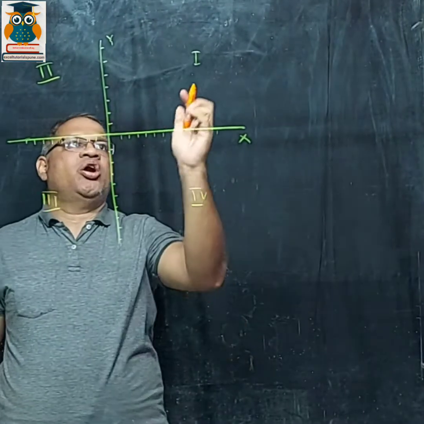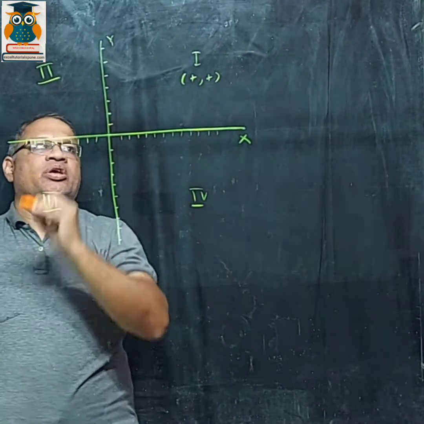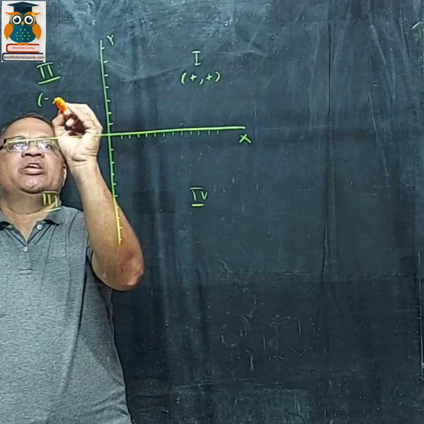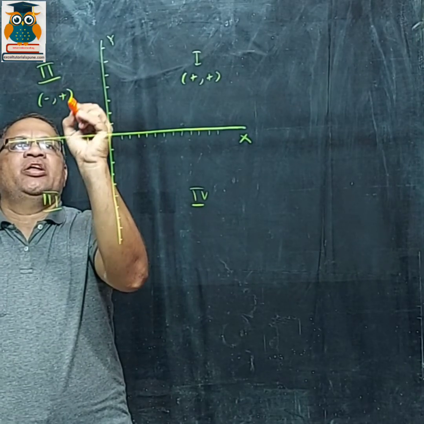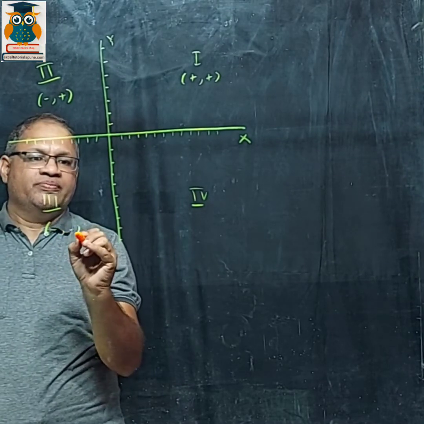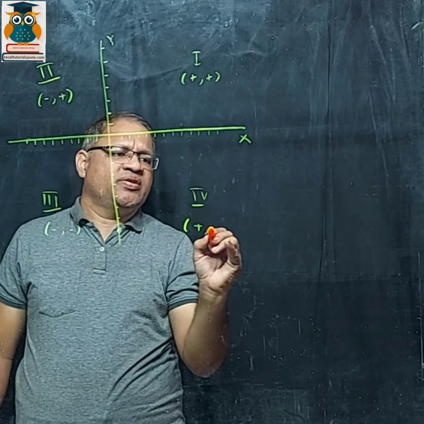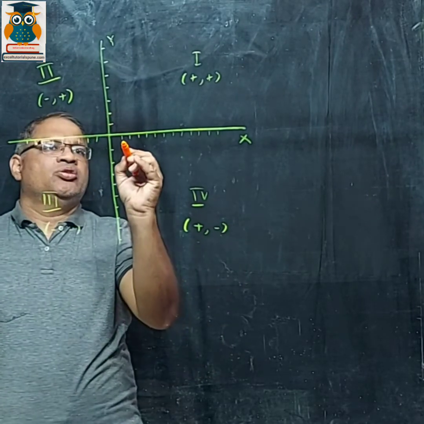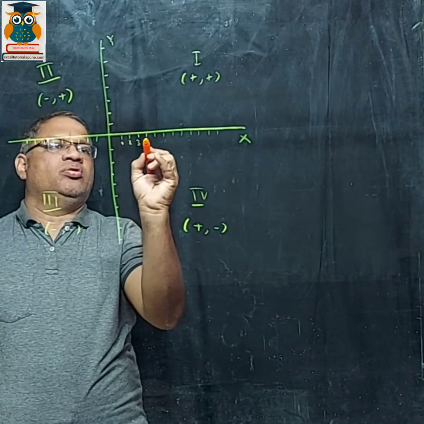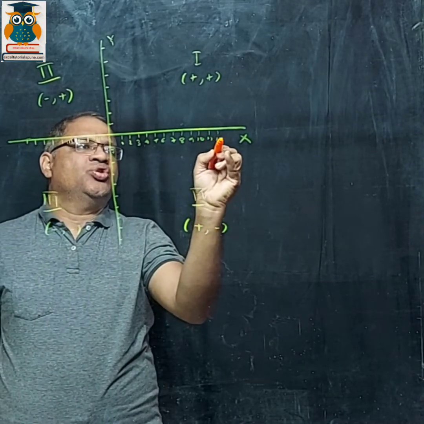Now in the first quadrant, both the coordinates are positive. In the second one, the first one is negative, the second one is positive. In the third one, both are negative. And in the fourth one, x is positive and y is negative. So the numbers are like this, and so on and so forth.